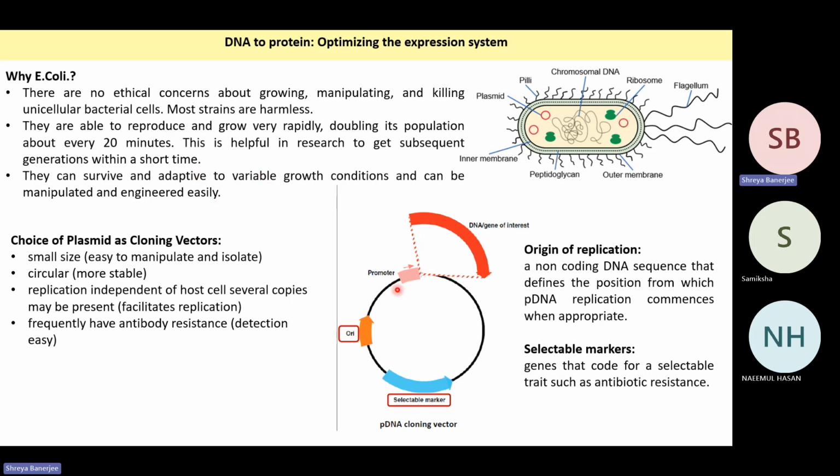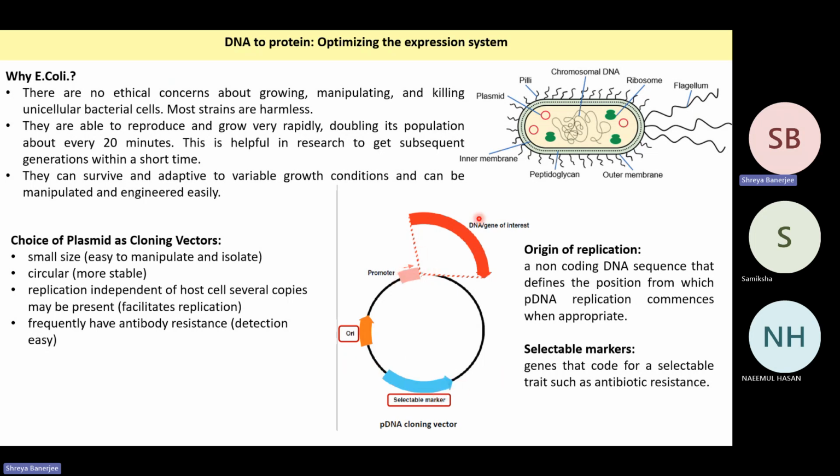So that is another reason why it is used, and also because it can survive in a variety of conditions. So first, a plasmid is used in order to clone the DNA. Basically, in the plasmid, the gene or DNA of interest is inserted after a promoter region, and you can add certain genes called selectable markers. Suppose you want the plasmid to have antibiotic resistance, so certain characteristics like antibiotic resistance can be inserted by inserting the required gene.